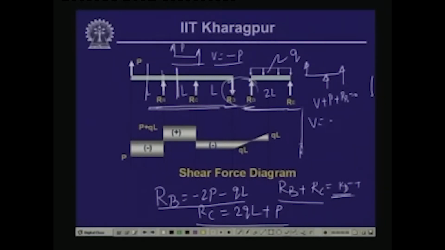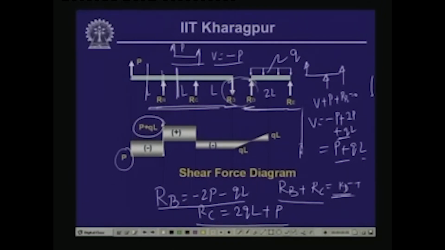So, V is equal to minus P minus RB, and RB is equal to minus 2P minus QL. So, this is plus twice P plus QL. So, that gives us a value of P plus QL. So, here we get a shear force of magnitude P plus QL. So, from minus P it changes over to plus P plus QL.